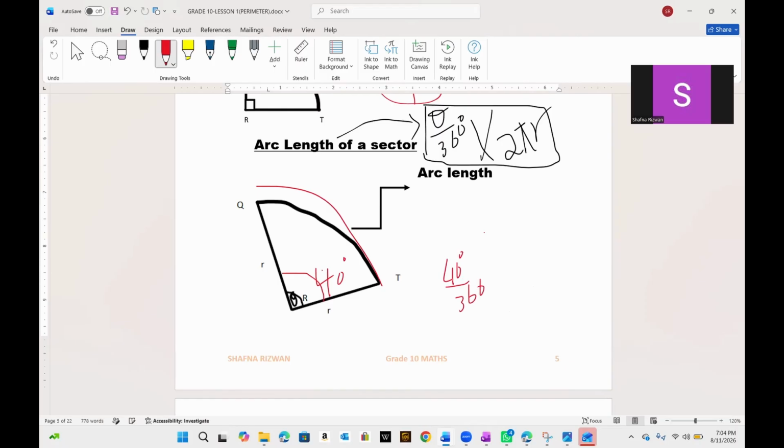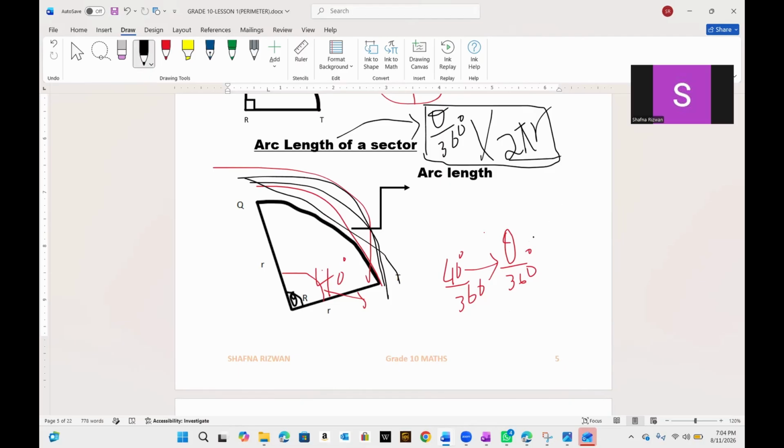So what can you say about this 40 degrees? This is the angle at the center, and the symbol for the angle at the center is theta. So theta over 360 is how much of the circle we are taking for this arc length. From the perimeter of the circle, that is, the circumference, for which the formula is 2 pi r.